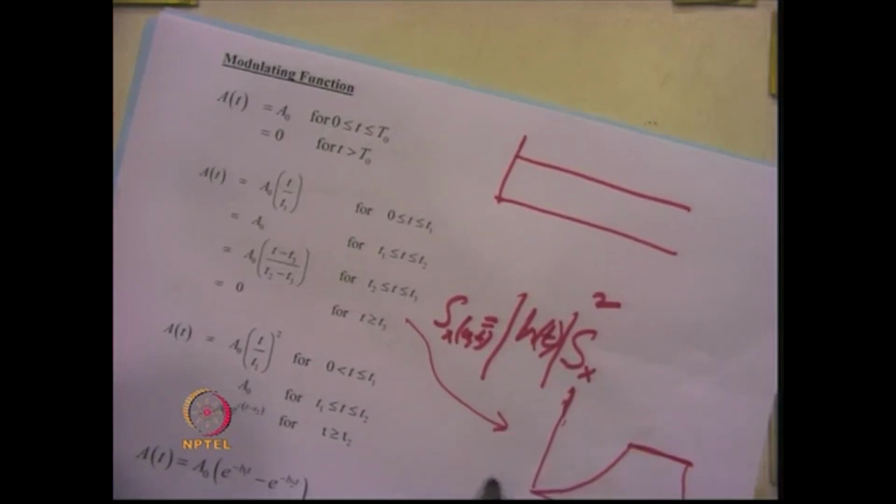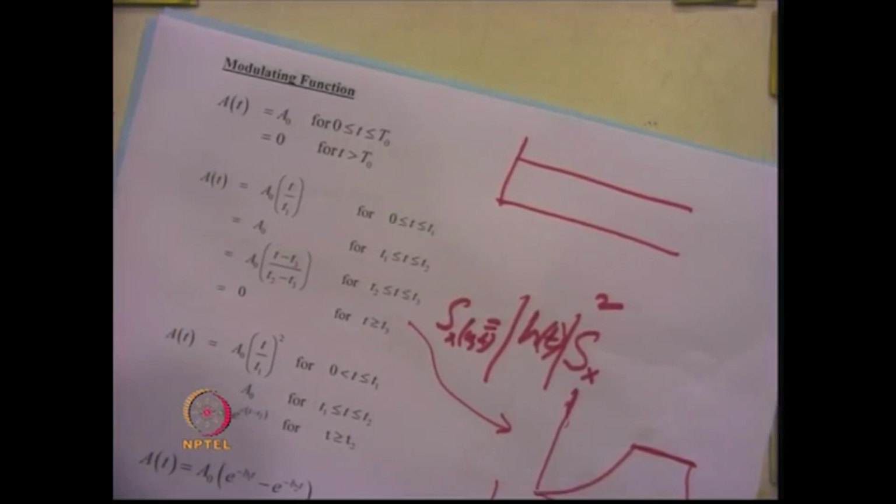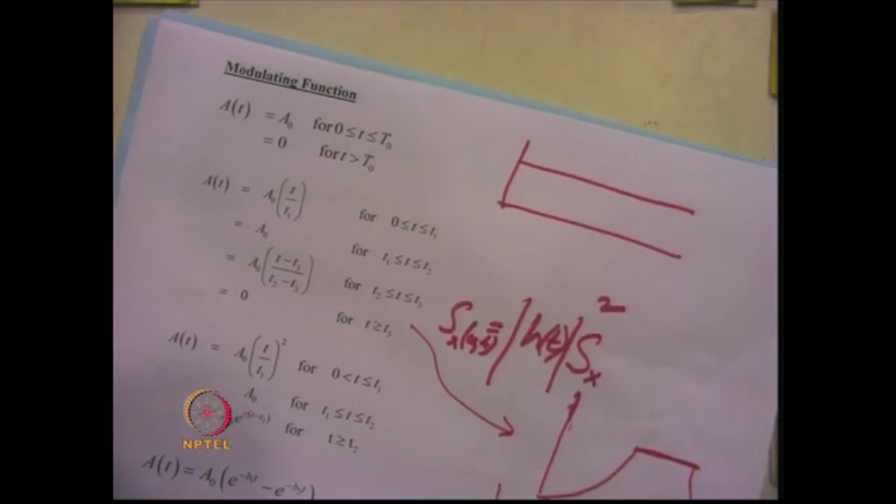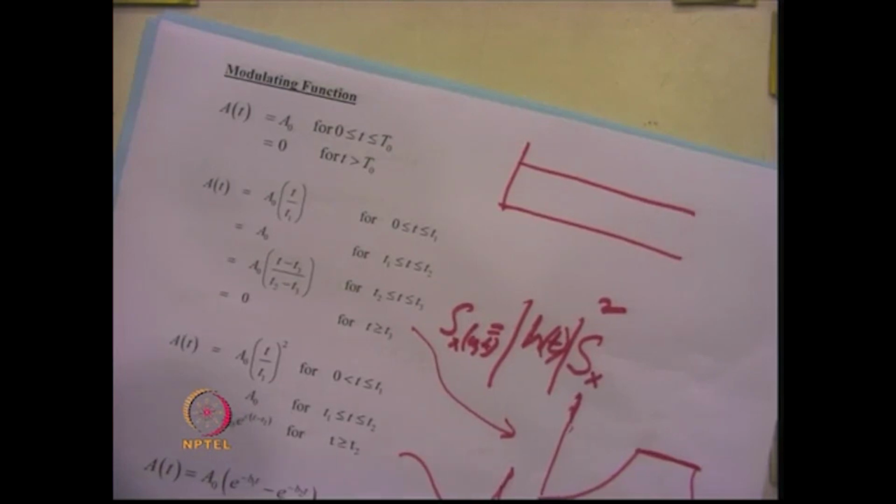Then one can have an exponential function, and with the help of this modulating function one can obtain a uniformly modulated power spectral density function used for obtaining the response of structures for the evolutionary power spectral density function of earthquake.